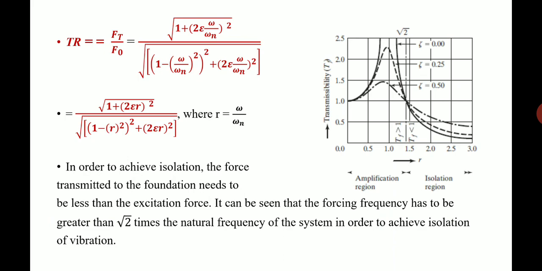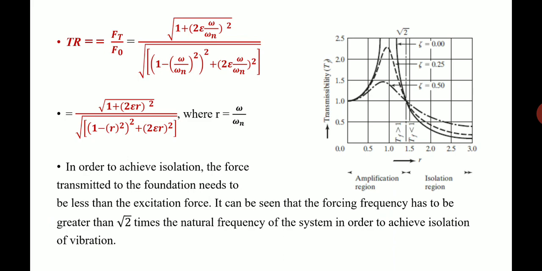Towards the left the transmissibility ratio is very high, that is, the amount of force transmitted to the ground is very high, whereas towards the right side of root 2 the amount of force transmitted to the ground is very less. In order to provide isolation, which means transmitting the minimum amount of vibration to the ground, you have to choose a case where the omega by omega n ratio is greater than root 2.